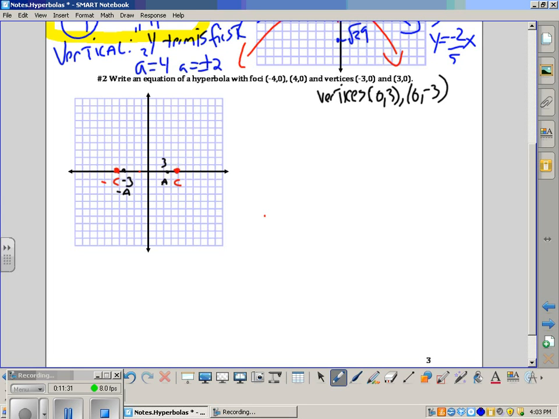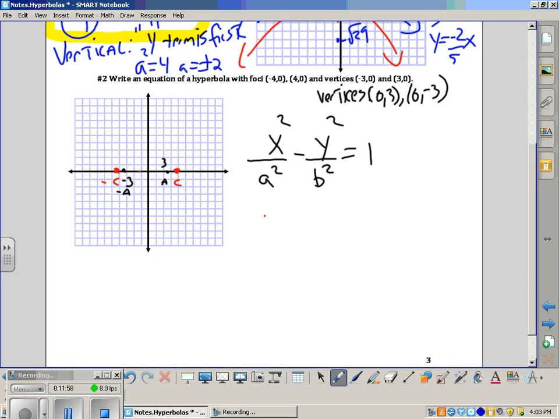So you can automatically see that you're dealing here with a horizontal hyperbola. So here's a rough equation. Remember, it always has to equal 1, and since this is a horizontal hyperbola, I know that because the vertices and the foci are all left to right. So this setup looks good.